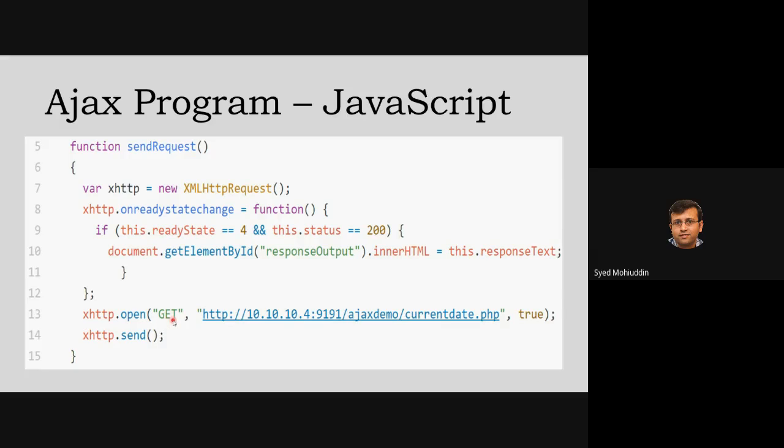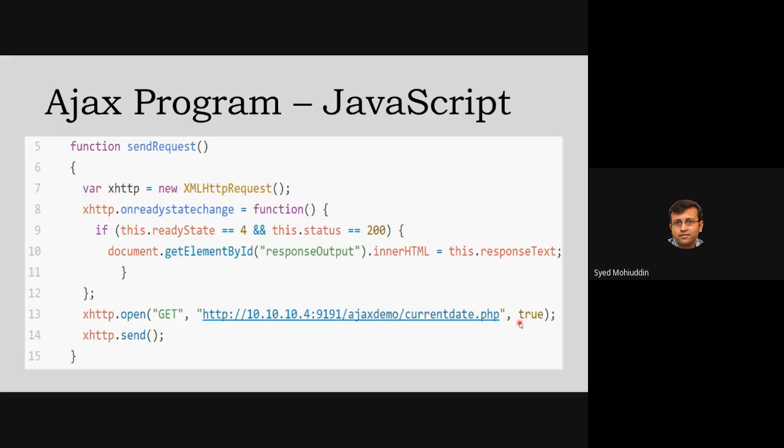The same way we will be using the get method here. And the second argument we will be passing is the URL of the resource which will be present in the web server. In this case, we have the IP address, then some directory, and I am using a PHP file as an example.